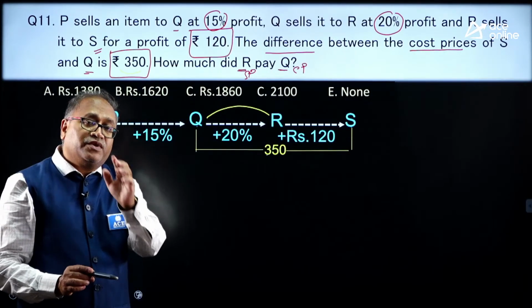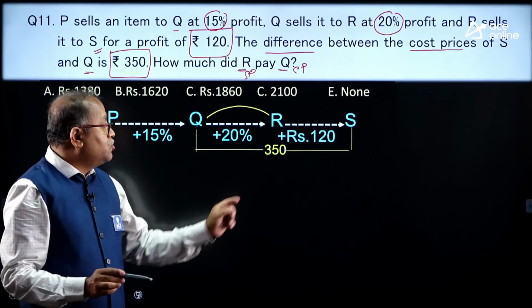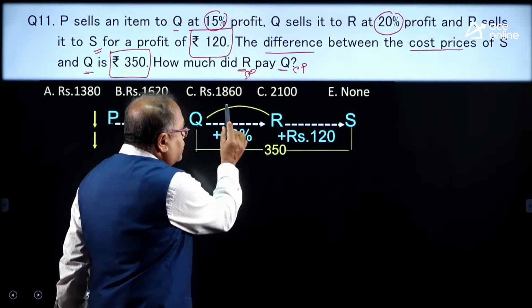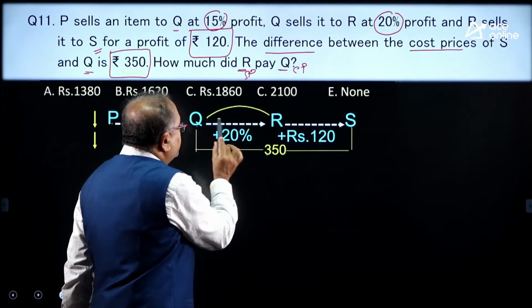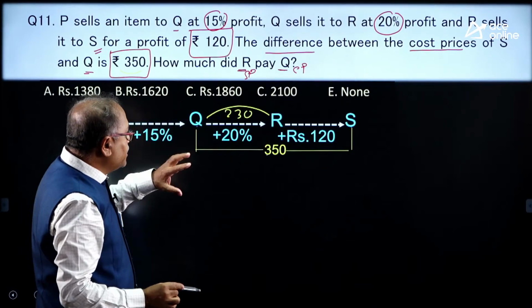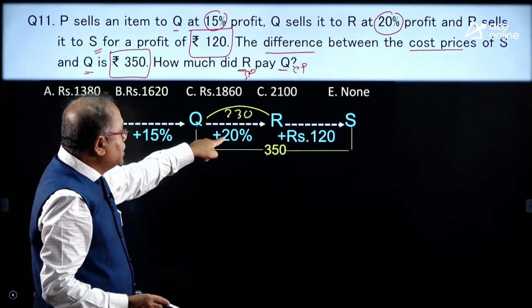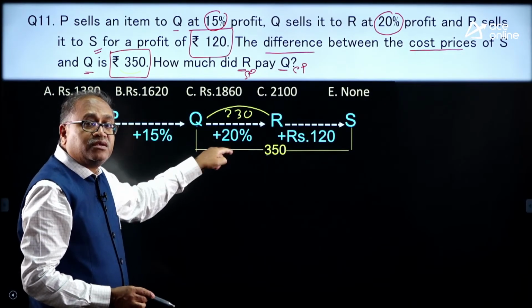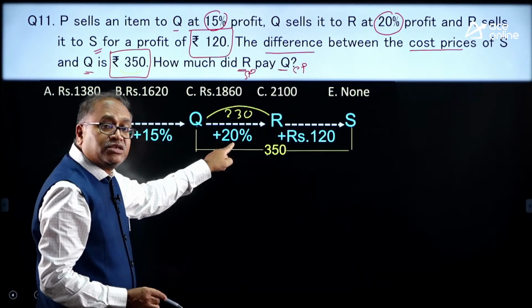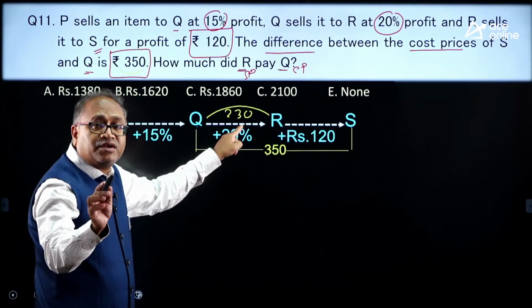And that difference is 230. Can you connect this 230 with this 20%? Q's profit is 20%, and the profit value is 230.